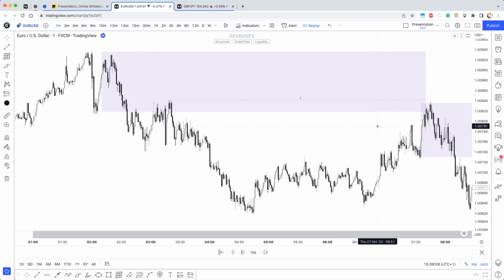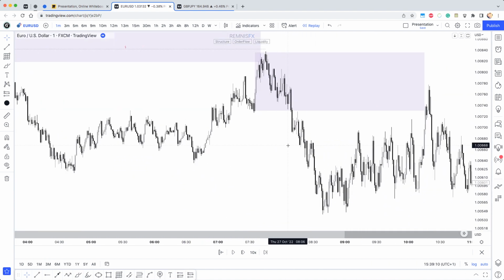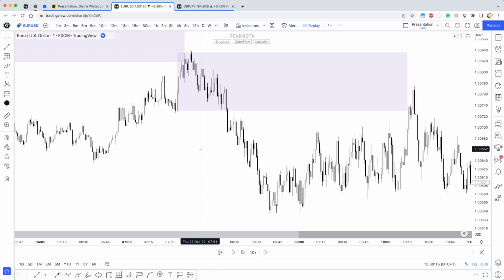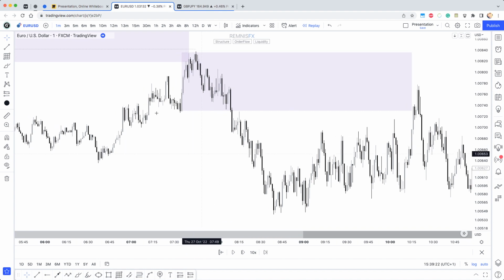Okay, now if we look here, okay, but yeah, I could have entered from multiple places here from the 1 minute time frame, but these are a little bit more advanced techniques, right? But again, basically they are the same because everything is fractal, right? Like structure, liquidity, everything.